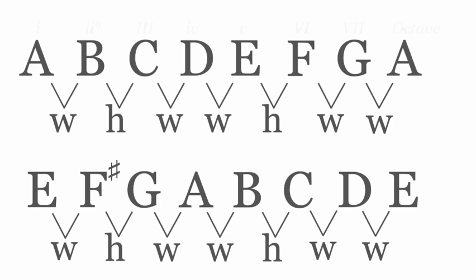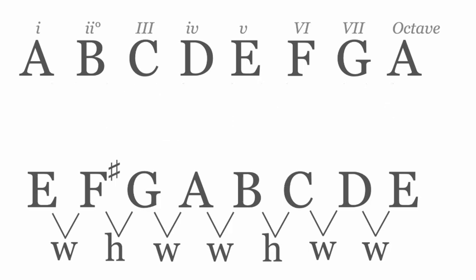Now if we throw in the chord qualities, we can see that in A minor at the top, we have an F major. But at the bottom, you'll notice that we have an F sharp diminished. At the top, we've got an F; down at E minor, we've got an F sharp, but the chord quality is diminished. So E minor has an F sharp diminished. So keep that in mind.